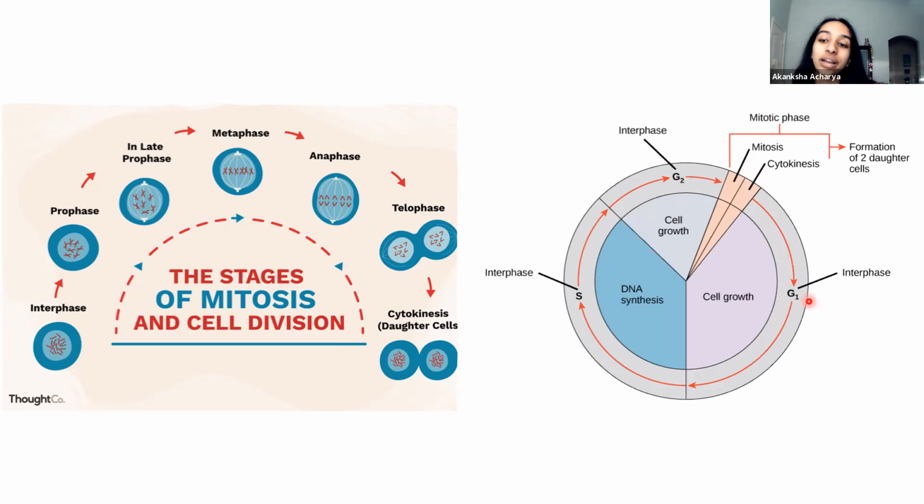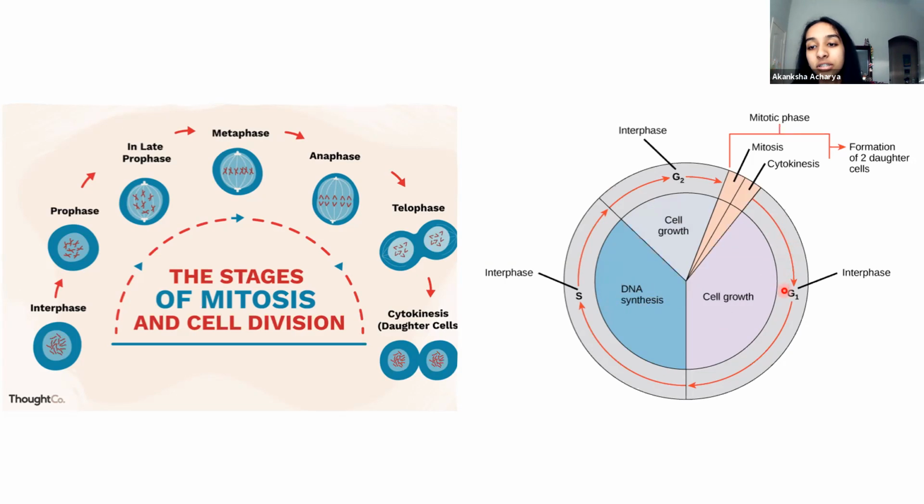So interphase is divided into G1, S, and G2. Those are the three subsections of interphase. I'm not going to go into them because I don't think anything ever talks about them. You just need to know everything's dividing. DNA synthesis is important, but we already talked about DNA replication before, so it's just DNA replication.